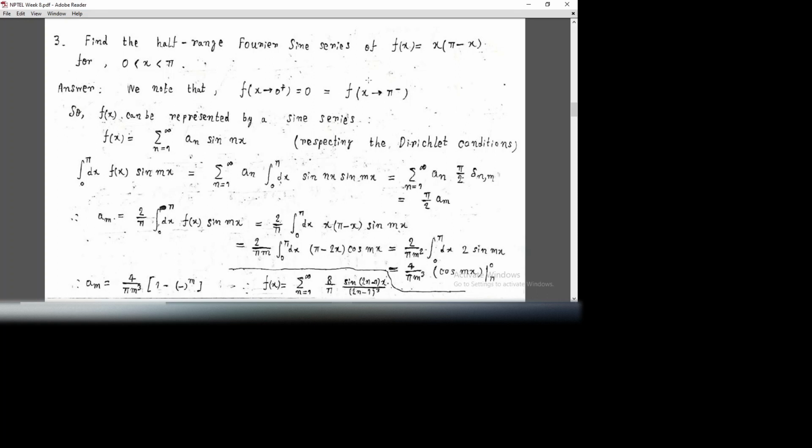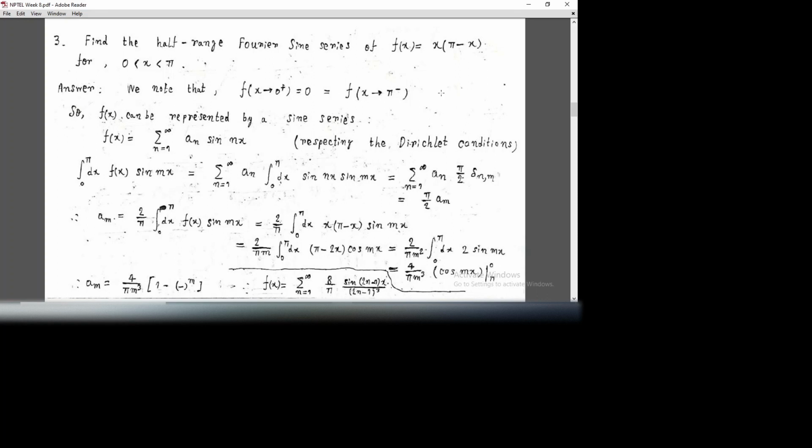We begin by noting that if x tends to 0 plus, f is 0, and if x tends to pi minus, f is 0 as well. So these two boundary values of this function in the given range are actually 0.